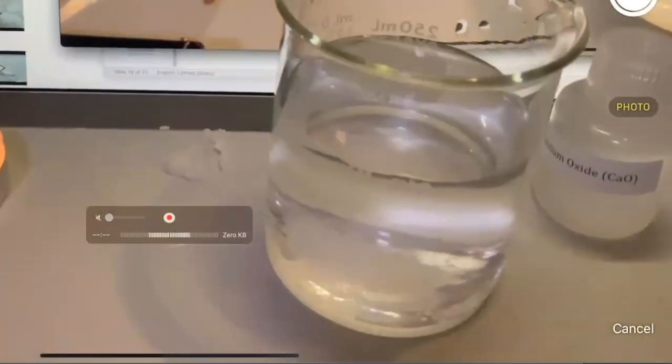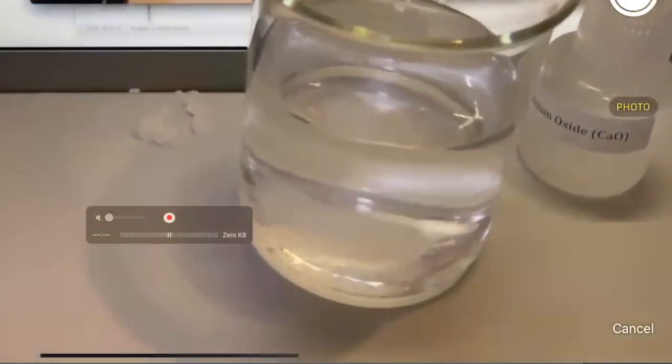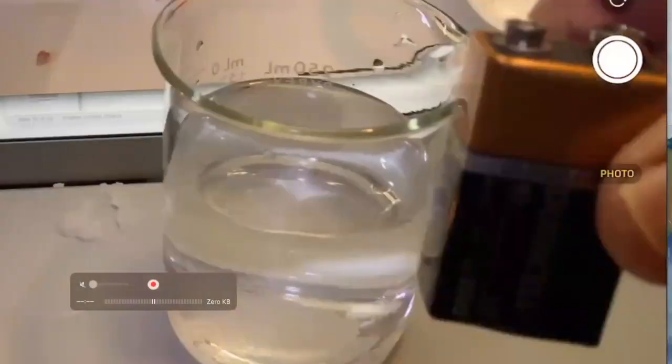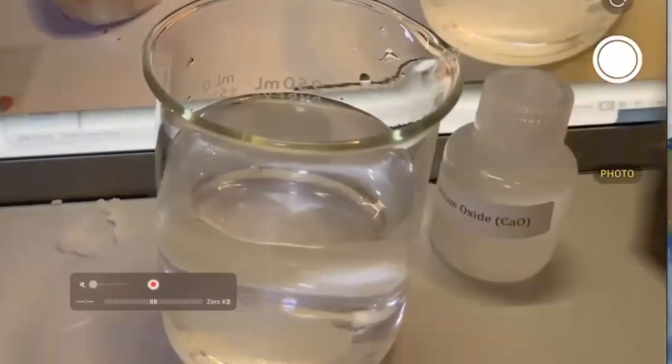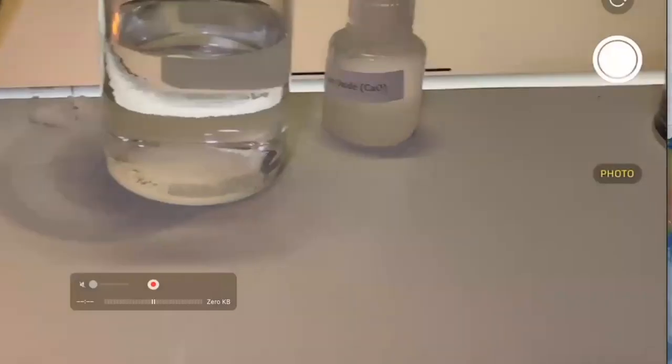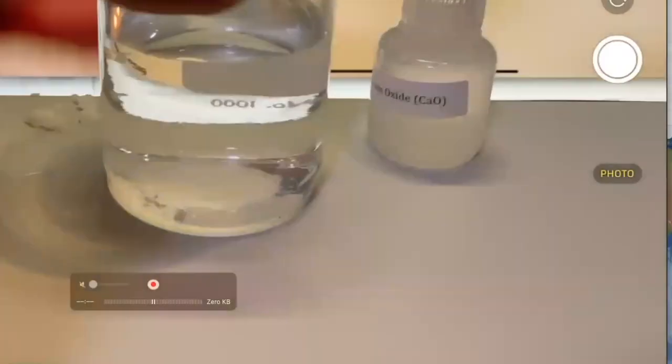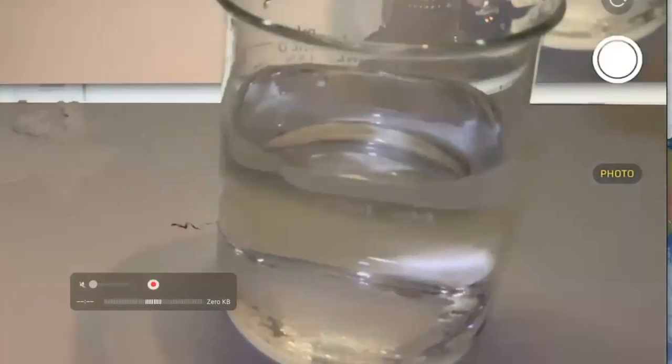Now that I have my electrolyte, I'm taking a battery. You need a 9-volt battery because the 1.5 is not going to be powerful enough to do this for you. Okay, let me just put my laptop on my lap here so that you have a better view. You're going to take this battery, and all I'm going to do is dunk it in.